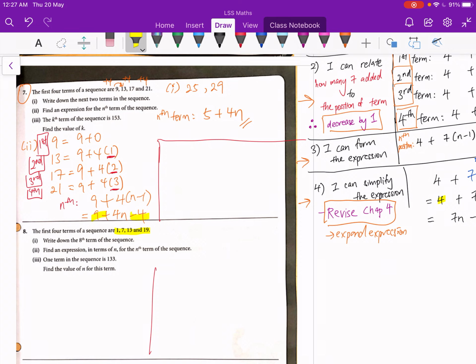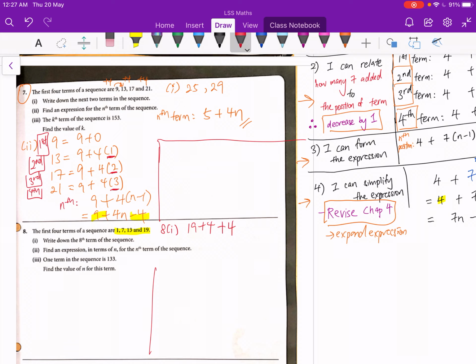So let me give you the answer for the 8th term. You need to add how many sets of 4? You need to add 7 sets of 4. So you add the first 4 to 19, and this will give you the 5th term, the 5th number.